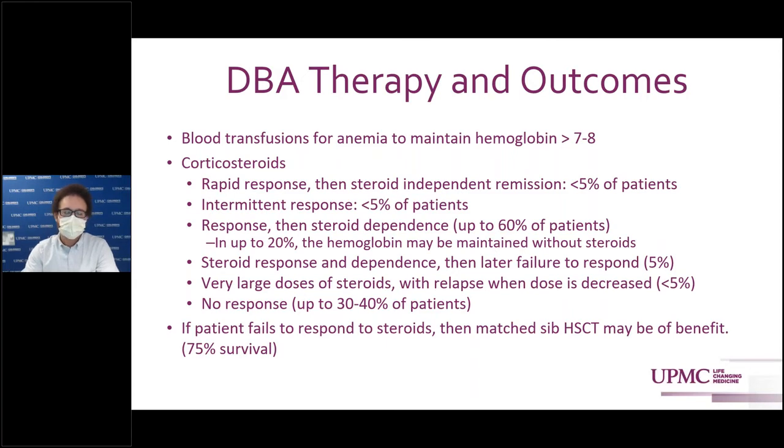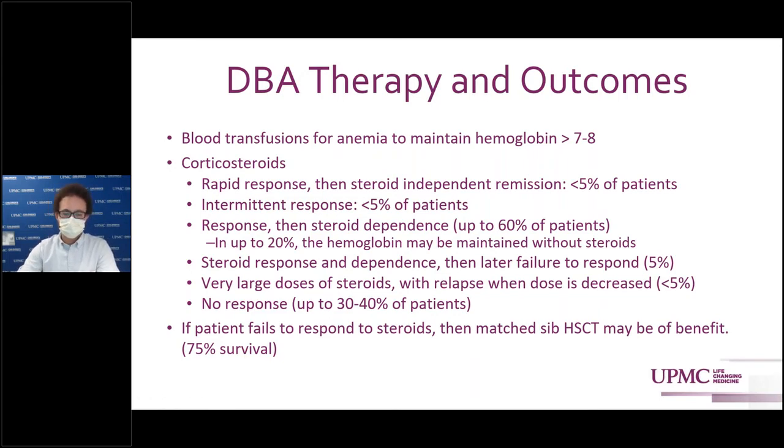The next step typically involves some amount of corticosteroids. Steroid treatment has been shown to help increase blood counts in these patients. I listed here, which is a little busy, that there are lots of varying responses that you can get to corticosteroids.